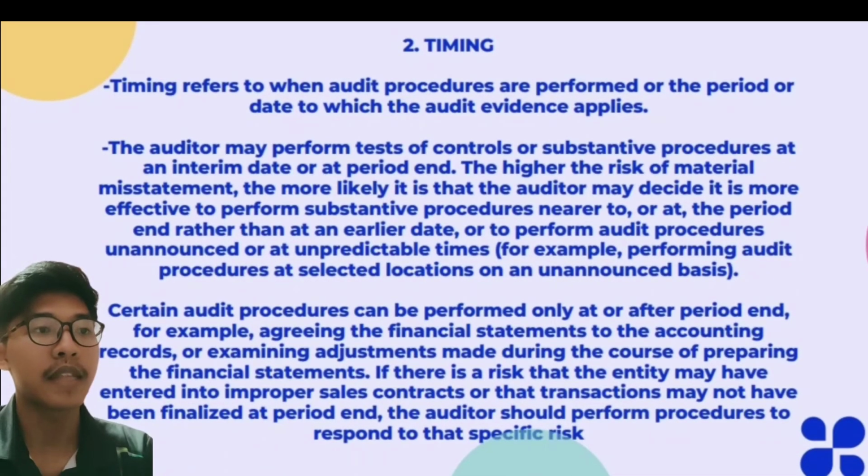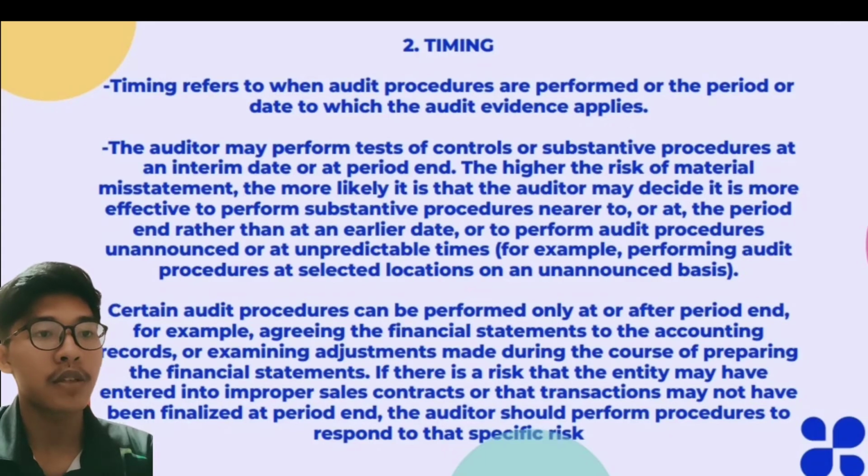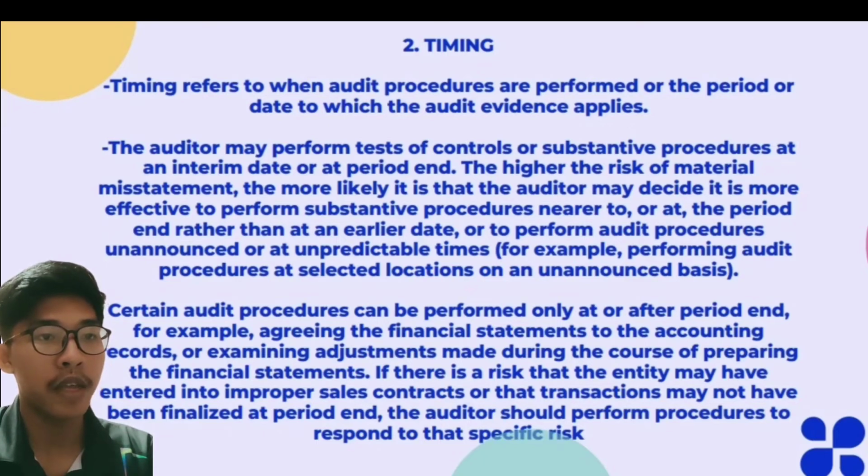Okay, second is timing. Timing refers to when audit procedures are performed or the period to which the audit evidence applies. The auditor may perform tests of control or substantive procedures at an interim date or at period end.